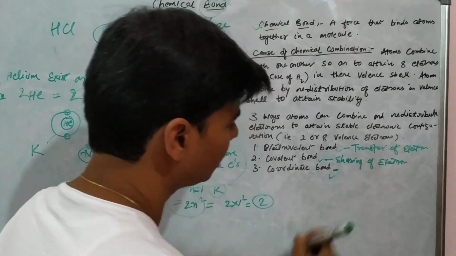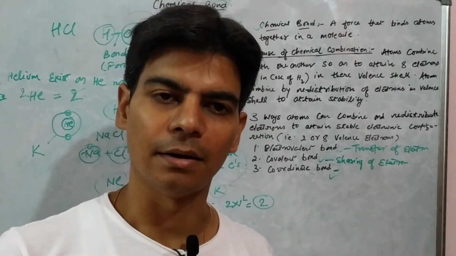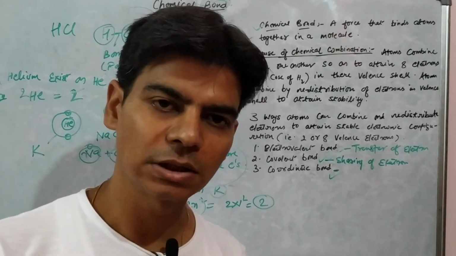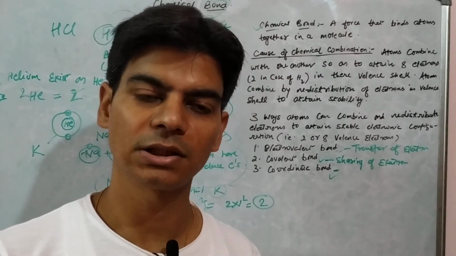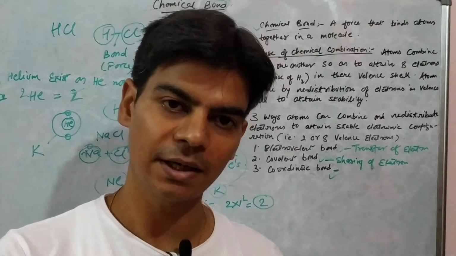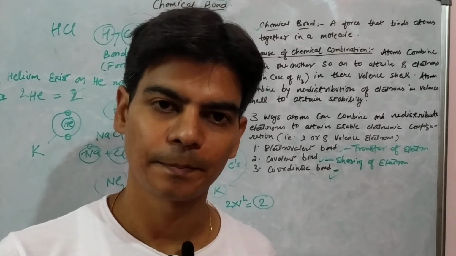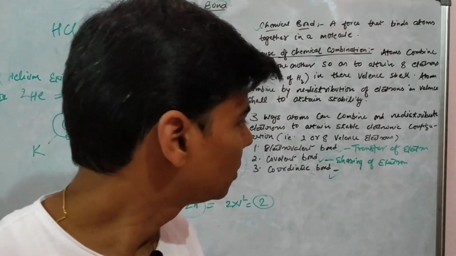There is also a third kind of bond where, when two atoms combine, right, one of the combining atoms will transfer a lone pair of electrons to the other atom, which would be short of 2 electrons. We'll understand this in detail, right?